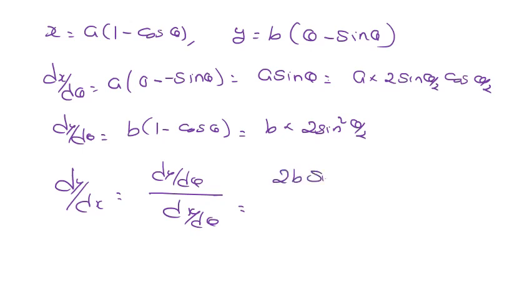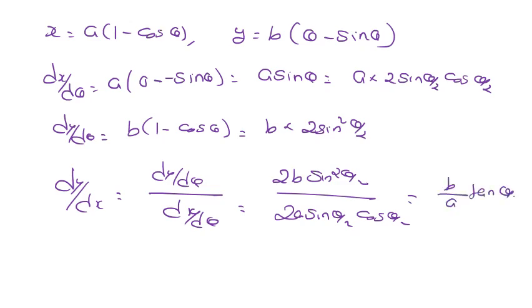So 2b sin squared theta by 2 by 2a sin theta by 2 cos theta by 2. So the answer is b by a tan theta by 2.